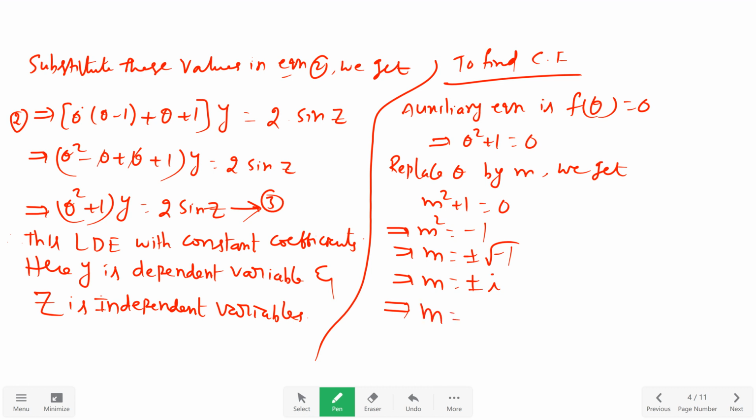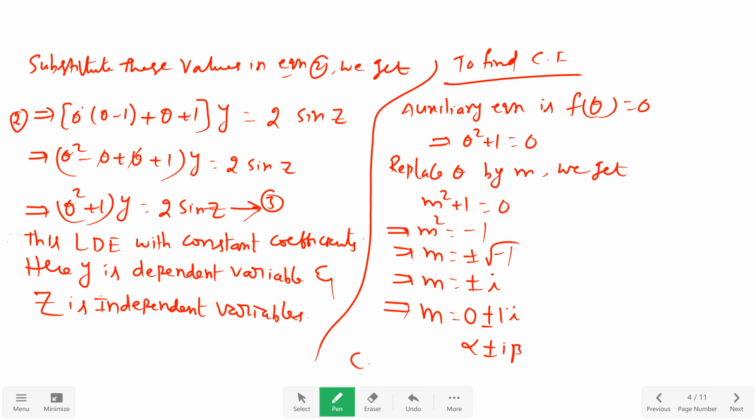These roots are complex roots, ±i, which can be written as 0 ± 1·i, so it can be considered as α ± iβ. So the two roots are complex roots.